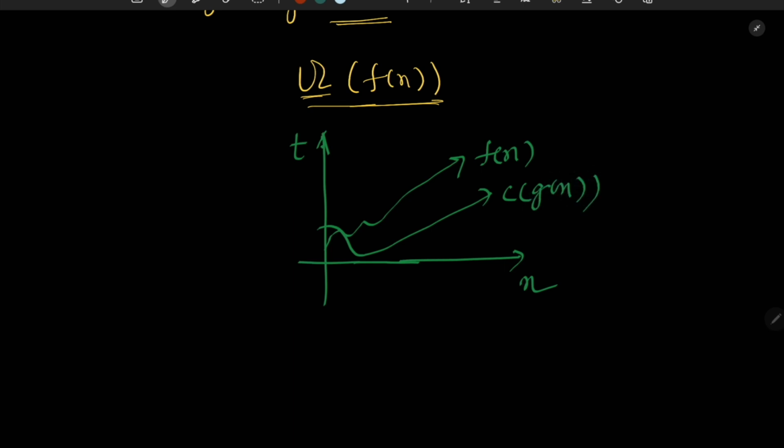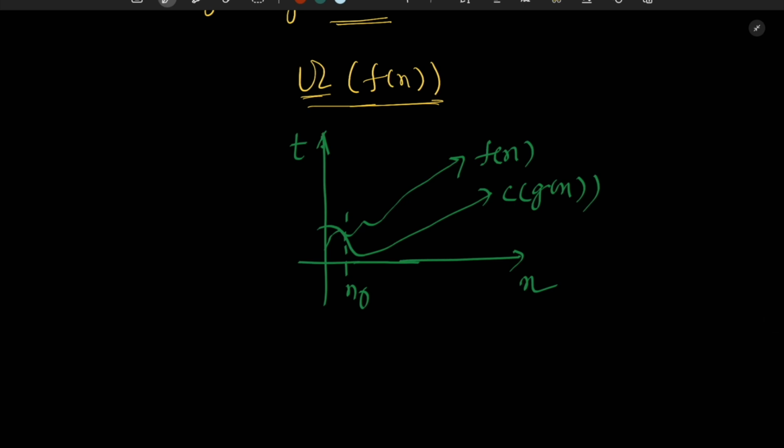It's not c of g(n), rather it's c multiplied by g(n), c·g(n), right? So g(n) is the function and c is the constant. What we see is that after a certain point n naught, the value of f(n) is always greater than or equal to the value of c multiplied by g(n). So what we have here is quite opposite to what we had in the big O notation.